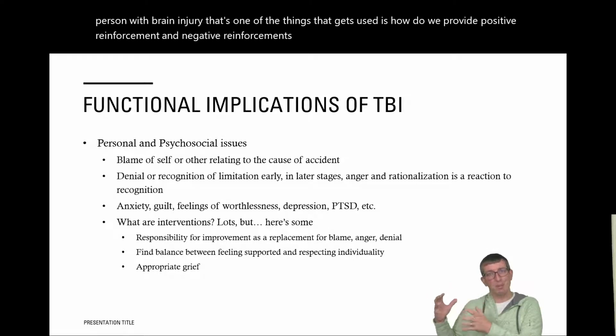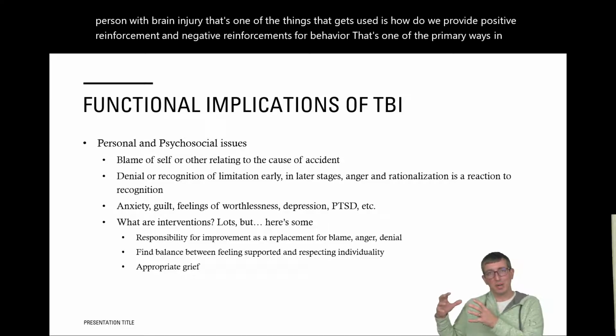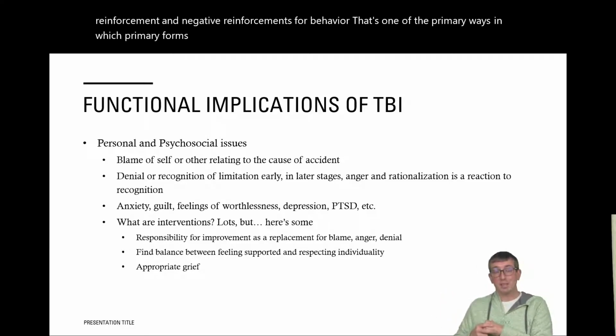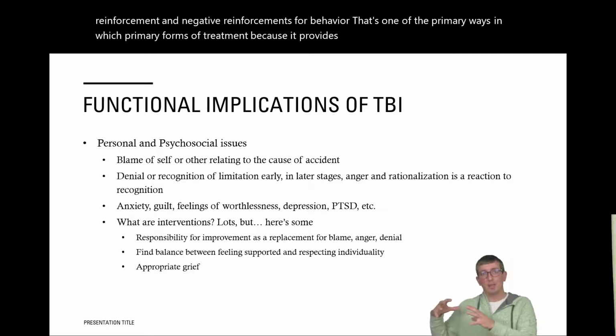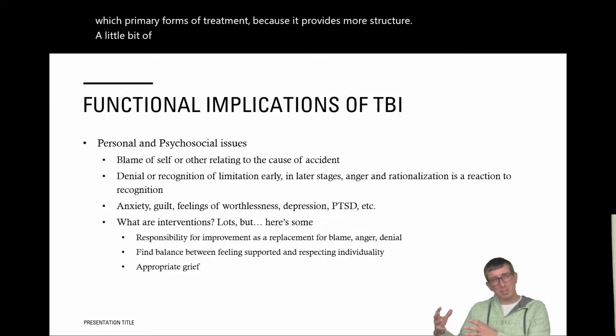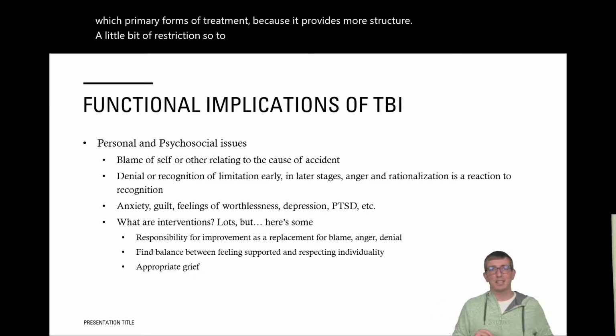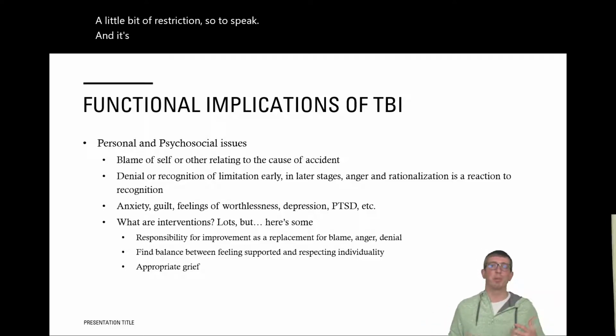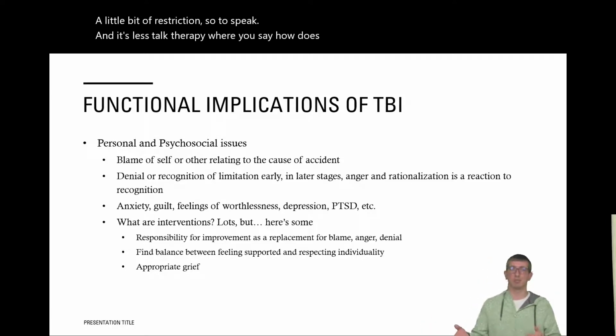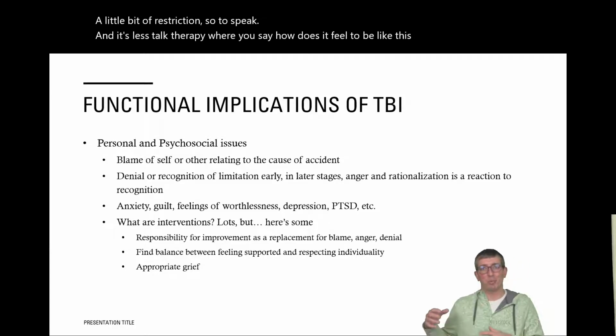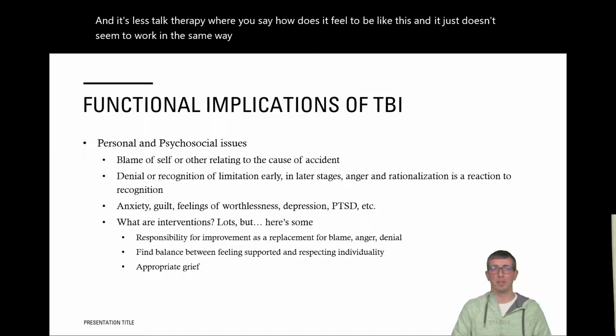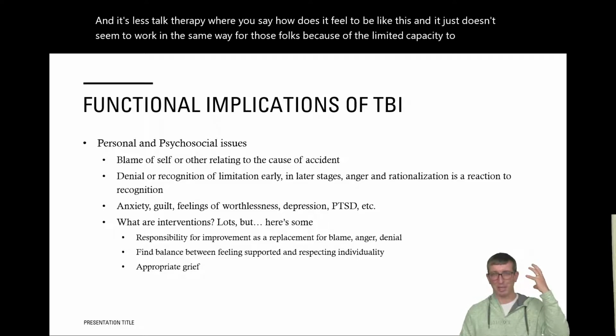That's one of the primary forms of treatment, because it provides more structure, a little bit of restriction, so to speak, and it's less like talk therapy where you say, well, how does it feel to be like this? It just doesn't seem to work in the same way for those folks, because of the limited capacity to understand and make meaning and all that kind of stuff.